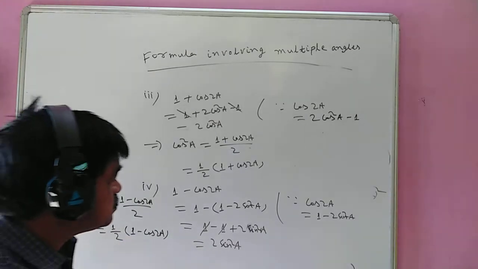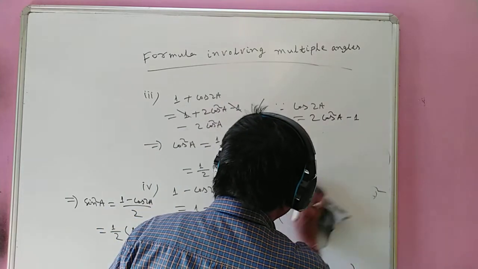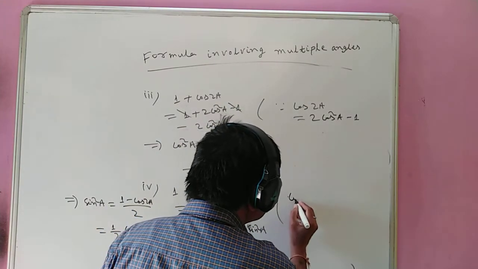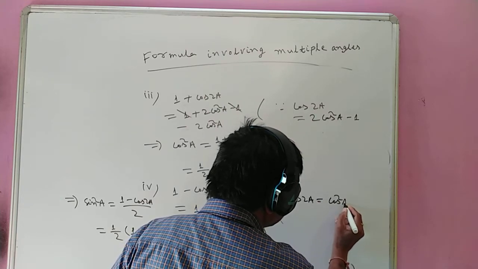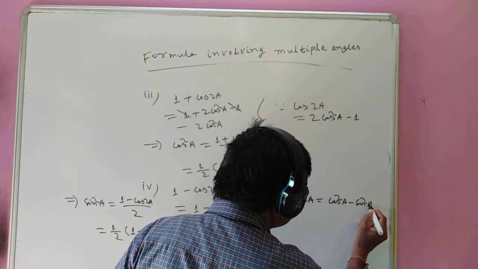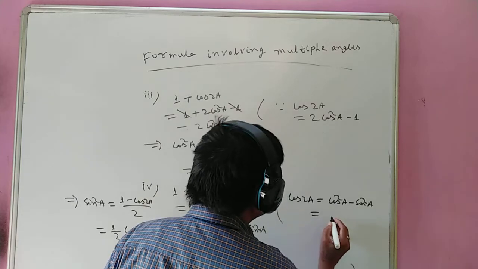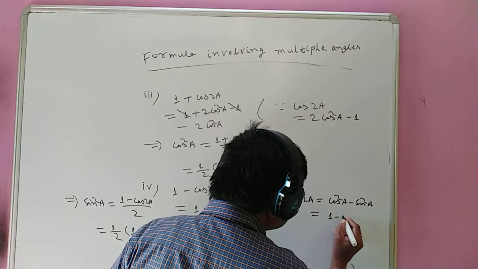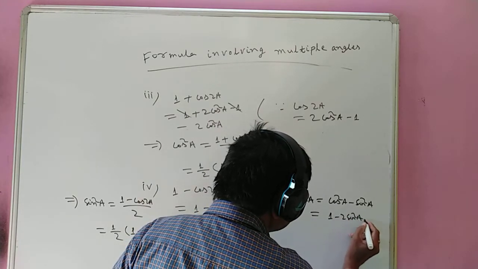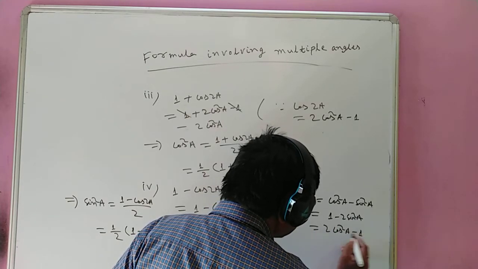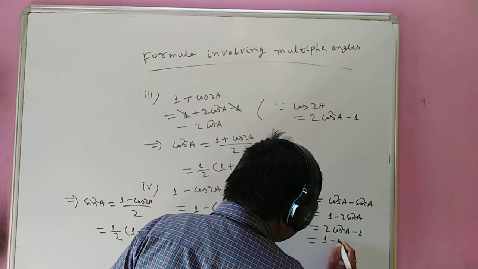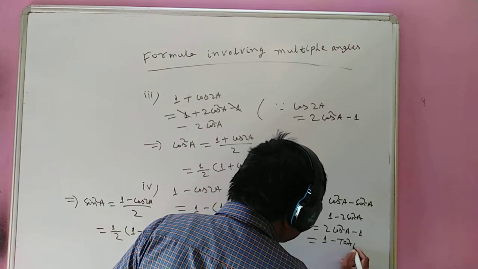If this is confusing, I am writing here all the formulas for cos 2a. Remember, cos 2a we have already discussed. It has 4 formulas. The first one is cos square minus sin square. In terms of sin, it is 1 minus 2 sin square. In terms of cos, it is 2 cos square minus 1. In terms of tan, it is 1 minus tan square by 1 plus tan square.